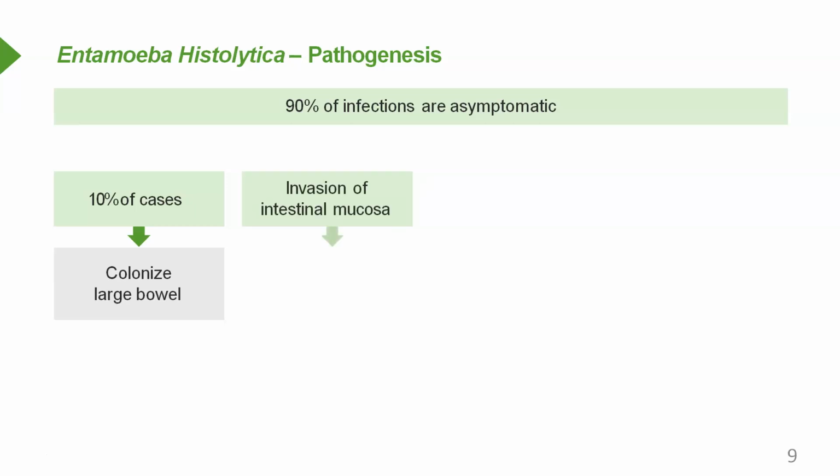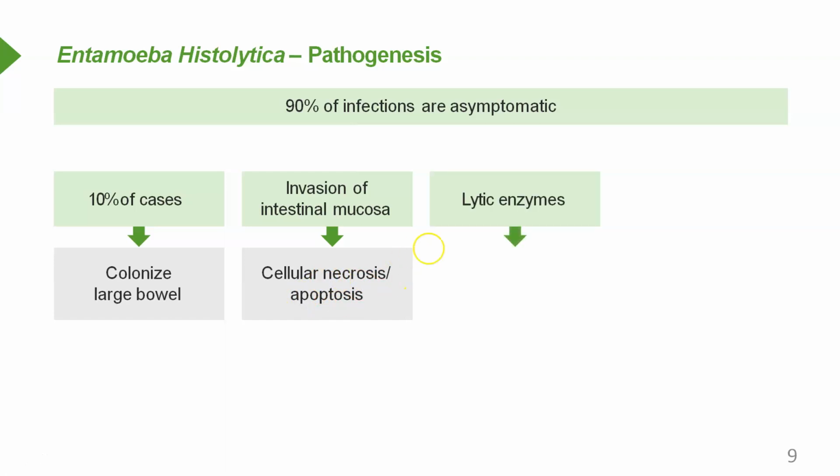Later on, there is invasion of the intestinal mucosa, and via the intestinal mucosa there is cellular necrosis taking place, or sometimes it can even cause apoptosis, that is programmed cell death.